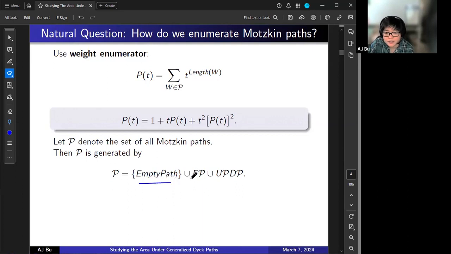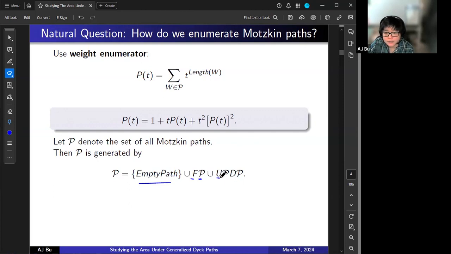But if it's not empty, it has to start with either a flat step or an up step, because we can't start with a down step, as that would give negative height. If it starts with a flat step, then whatever follows is a path that starts and ends at height 0 and never goes below the x-axis, because if it did, the overall path would as well. So it has to be a Motzkin path.